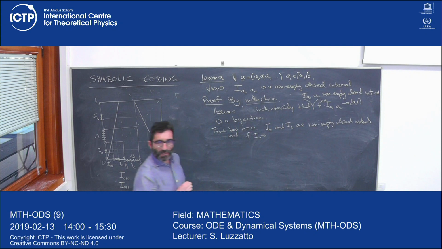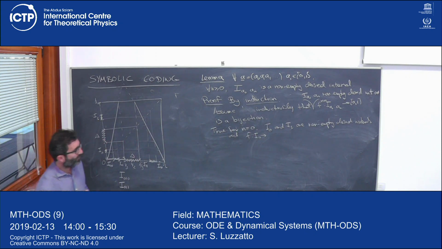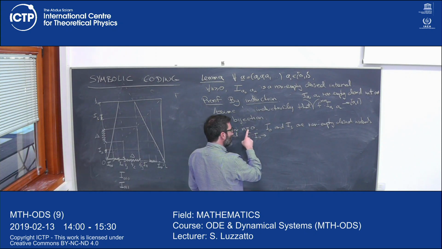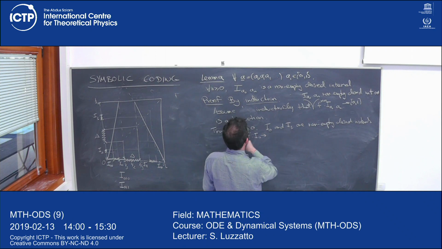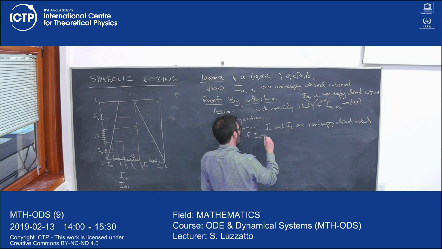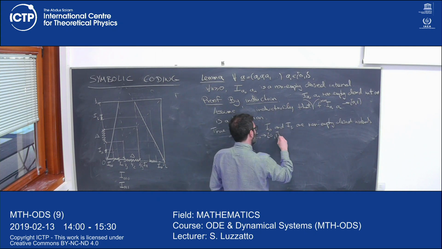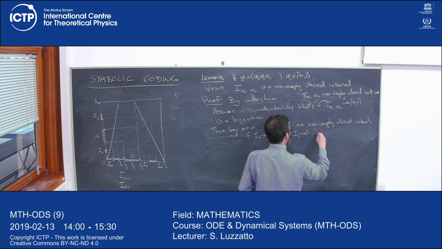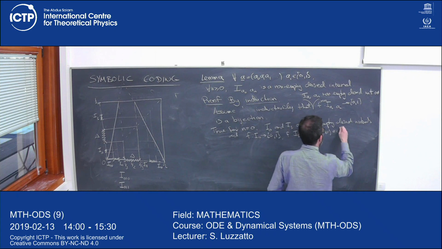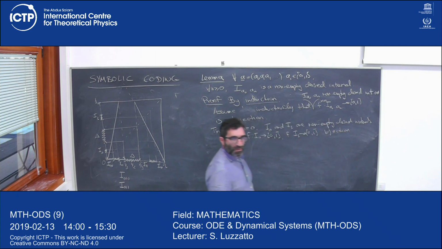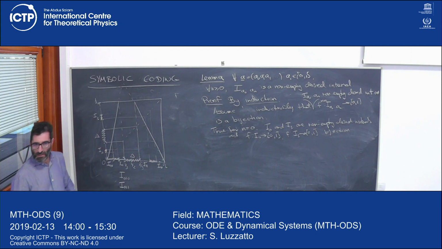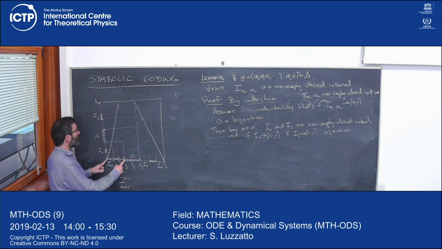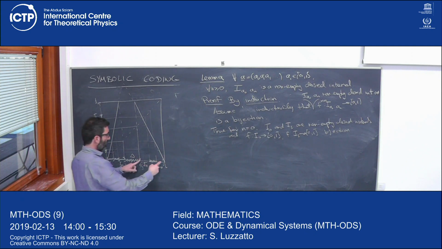Okay, sorry. So for n equals 0, we have I0 and I1. I should have probably called this n equals 1. The indexing is not ideal, I'm sorry about that. f from I0 to [0,1] and f from I1 to [0,1] is a bijection. Do we agree with this? Yes? This is just the assumption, okay? This is just the setting of the map, which is I0 maps to [0,1] bijectively, and this maps to [0,1] bijectively.